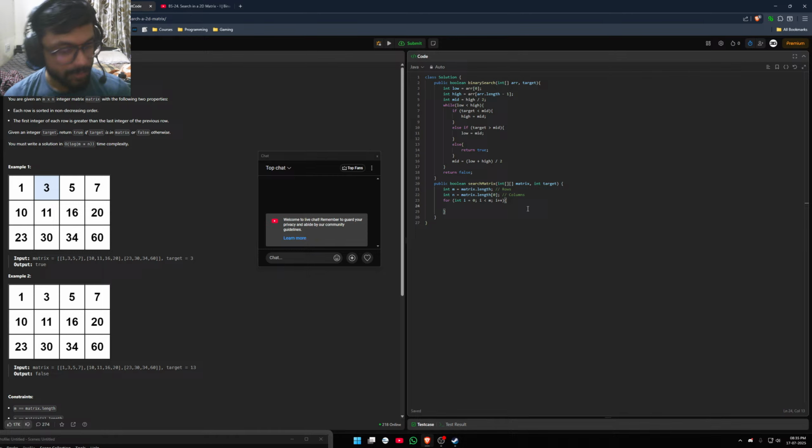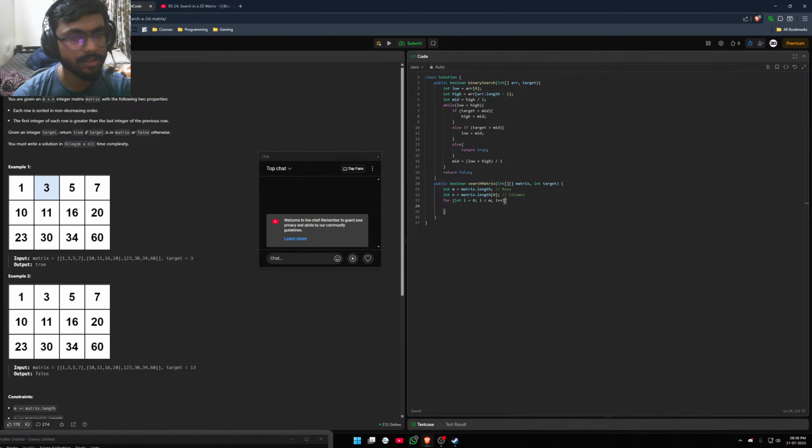So m is the length of the row, and n is the column. We are iterating through rows, and each row we are taking the array and putting it in a binary search. Right. This is my solution, but this is not the most optimal solution, but I'll try to do this. We don't even need to iterate, but let's just let it be there.